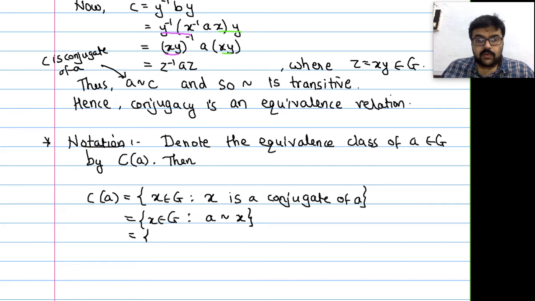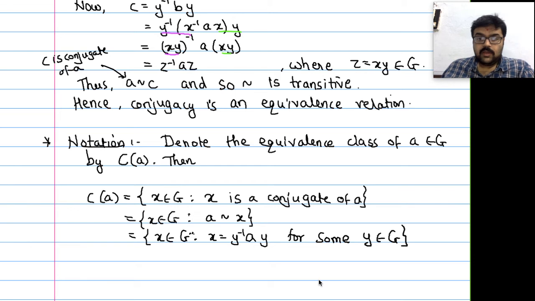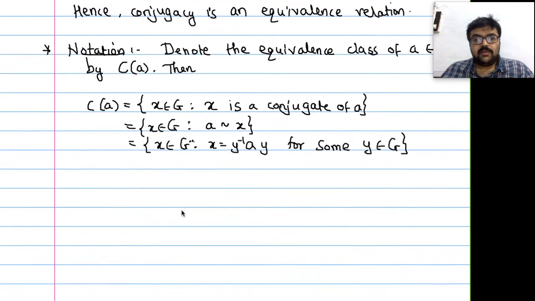And then what is this relation? X belongs to G such that X equals Y inverse AY for some Y belongs to G. So if X is this, then why do we keep X?